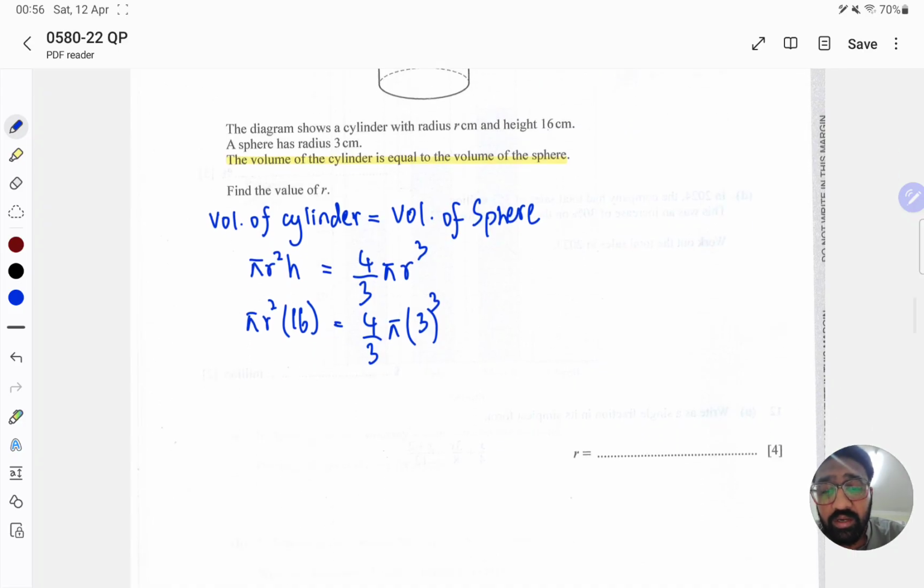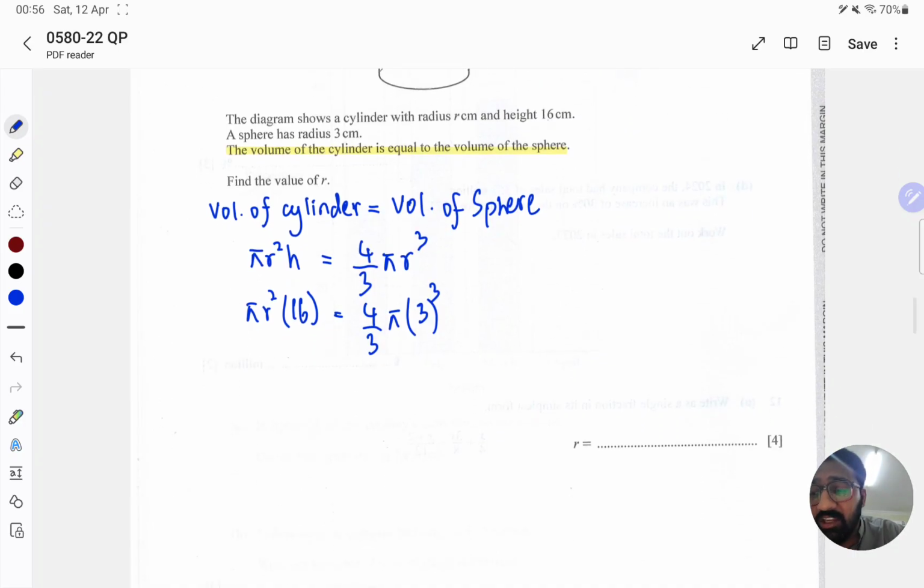I have substituted here. I'll do the simplifications. Pi r square into 16 equals 4 times pi times 27 divided by 3. Now this 3 and this 27 can be simplified.